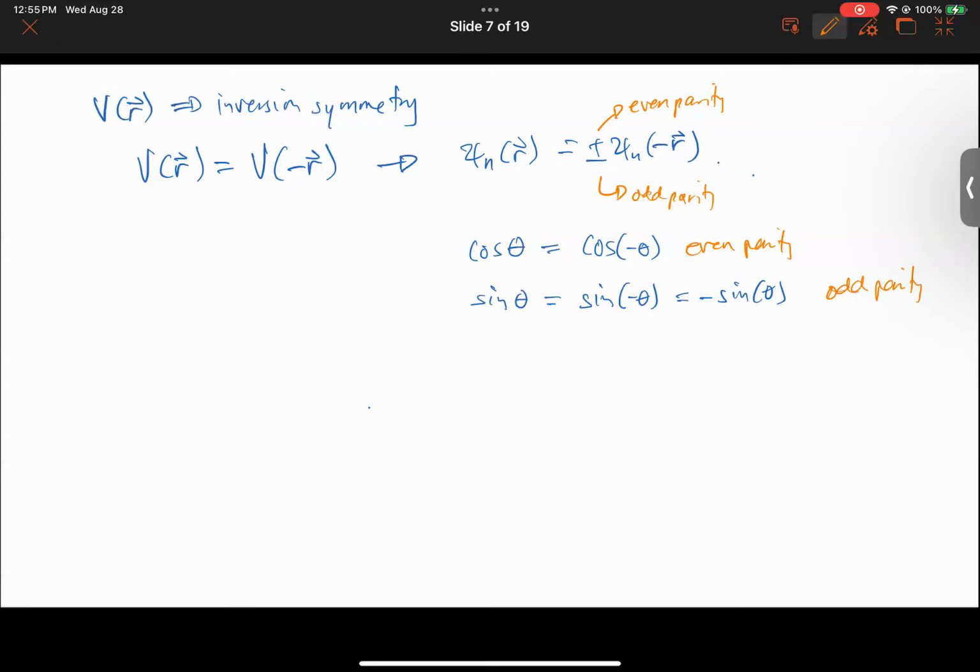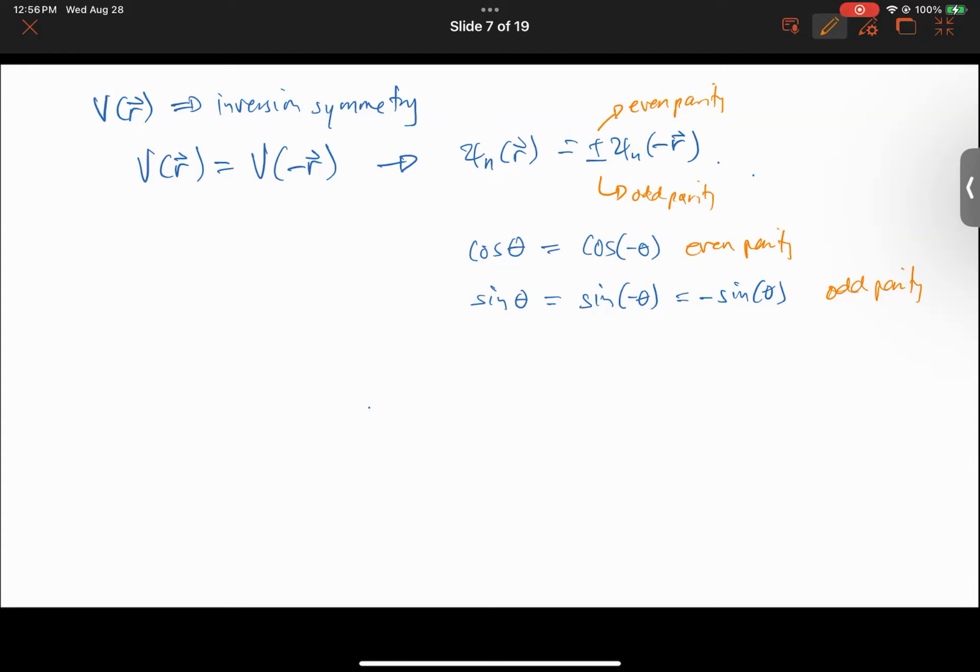Now, there are cases where eigenfunctions that have the same eigenvalues do not obey this kind of parity. The only way for that to happen is if they are linearly independent. In that case, what you do is construct new wave functions, which still include the original wave functions, so that they become linearly dependent.